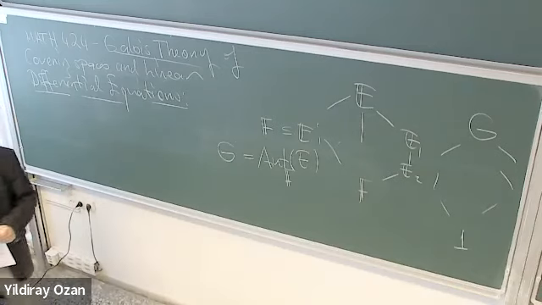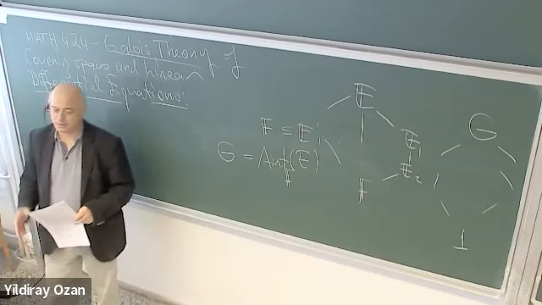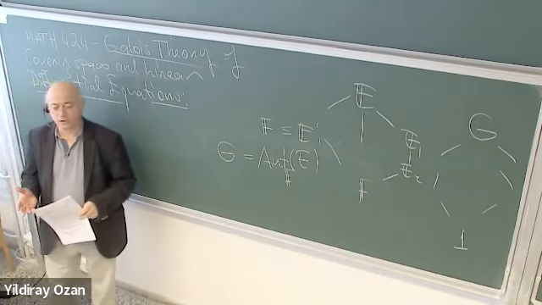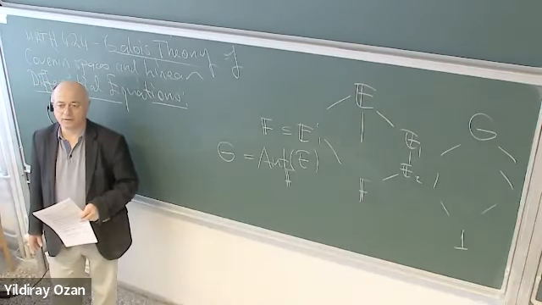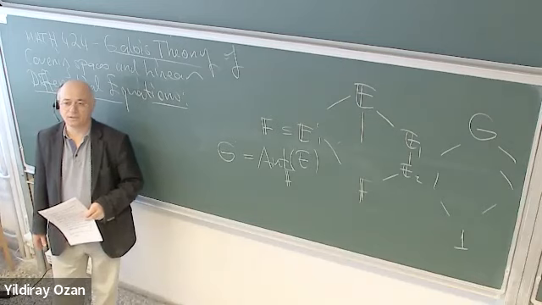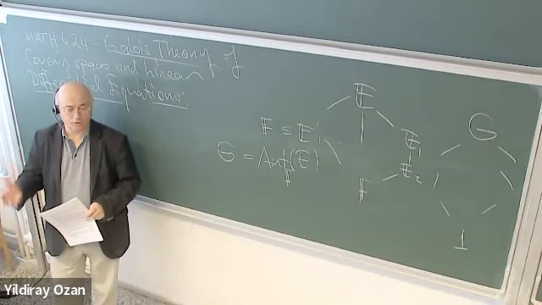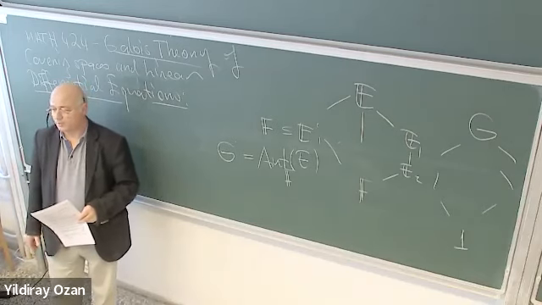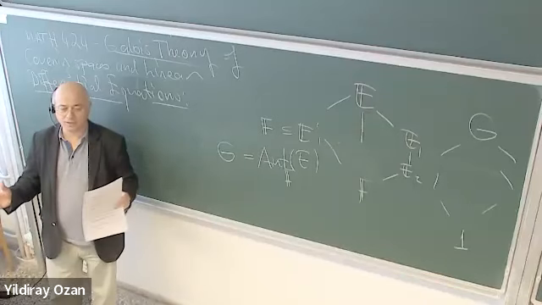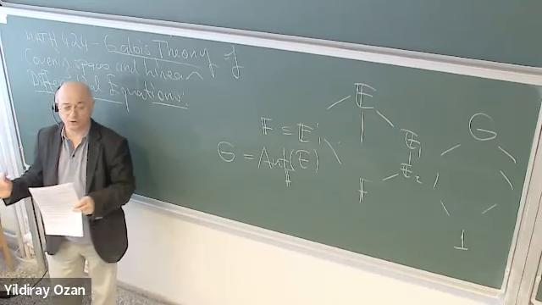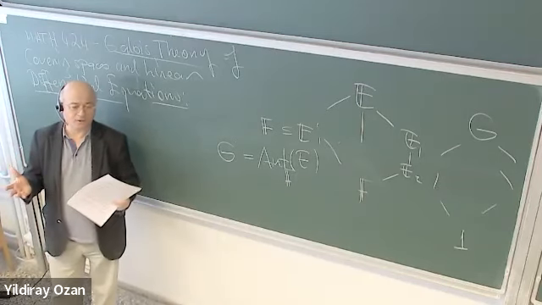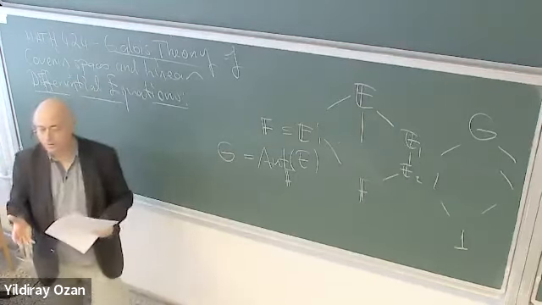Okay, and that theory is something studied just after Galois theory was born. People said, okay, now we understand how to solve algebraic equations using Galois theory. What about differential equations, right? They are also equations.